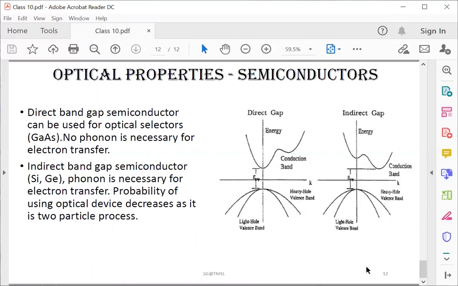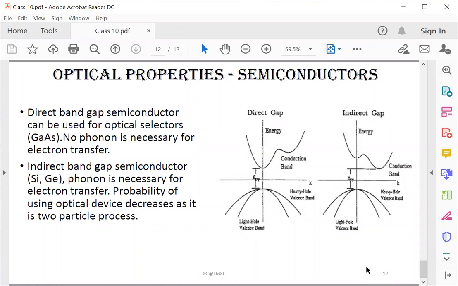So the transition from the valence band to the conduction band is direct, and there is no loss of energy in between. No phonon is necessary for electron transfer.